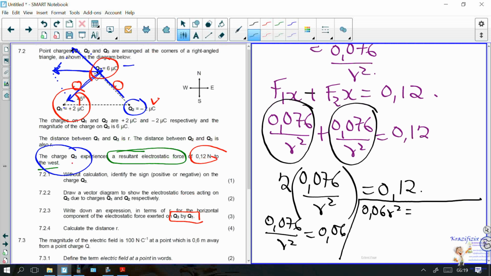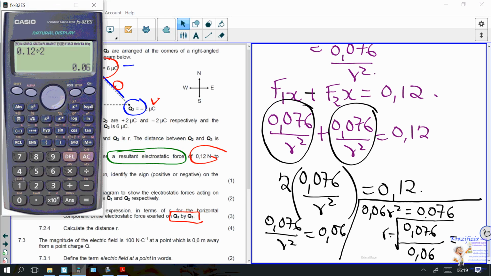And what do we do now? We divide both sides by 0,06 and find the square root. So R should be the square root of, first you divide 0,076 by 0,06 and then find the square root. This is mathematics. All right, let's run to our calculator now and get a final answer.